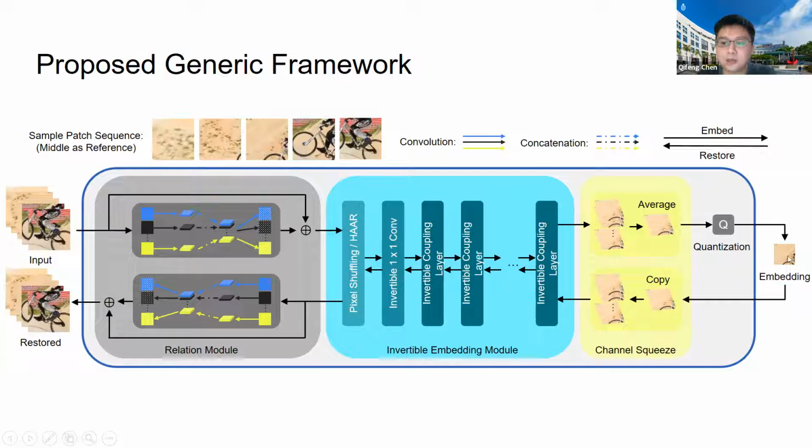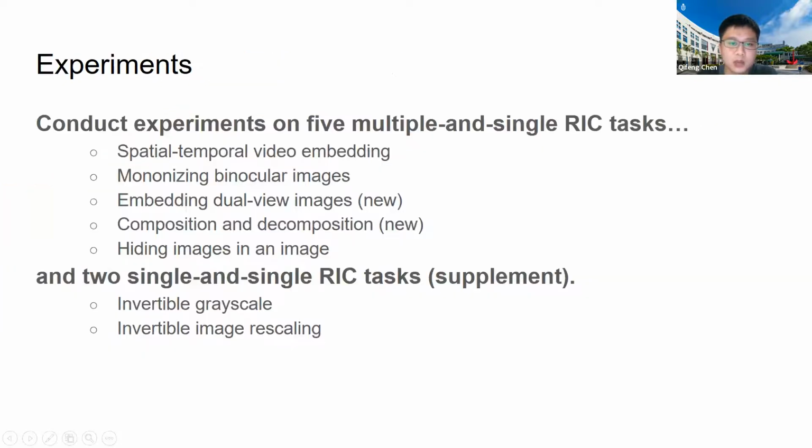We can even have a lower resolution image as the embedding image, and we can reconstruct the original image sequence. So this is an extension of the prior work. We tried such a framework on at least 7 tasks. Some tasks have been demonstrated in other papers, and there are some new tasks we will show.